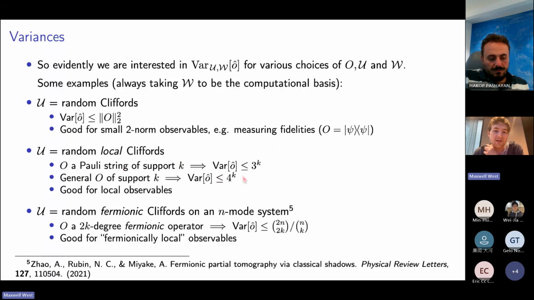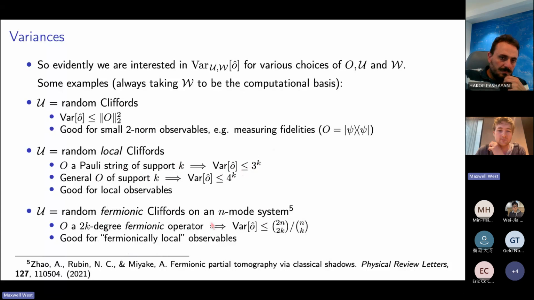And then another different example: if you take U to be the so-called fermionic Gaussian unitaries, or indeed their intersection with the Cliffords, then the variance turns out to be bounded by the so-called fermionic degree of the things that you're measuring. I don't know. This last example may or may not be too familiar.